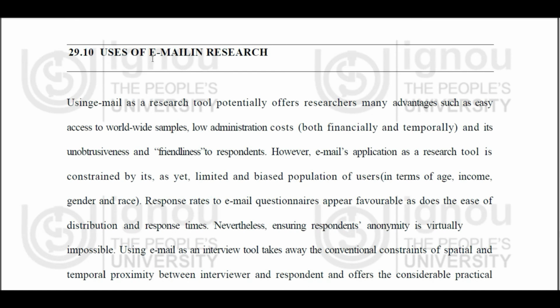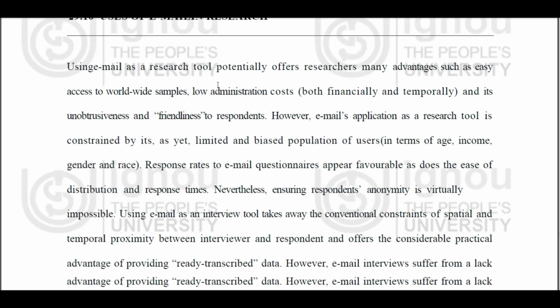29.10 Uses of email in research. Using email as a research tool potentially offers researchers many advantages, such as easy access to worldwide samples, low administration cost both financially and temporally, and also unobtrusiveness and friendliness to respondents.